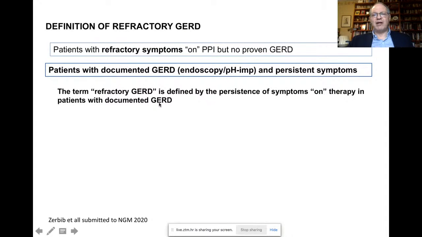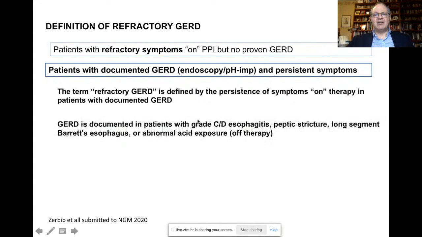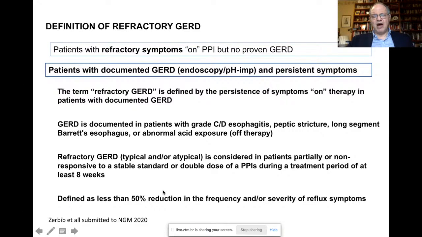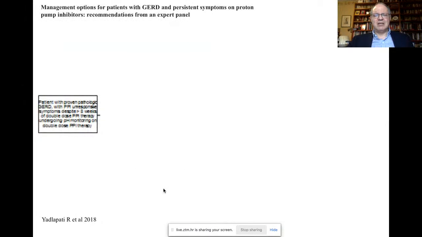So the concept of refractory GERD is related to this group, the patients that had documented GERD, such as esophagitis, peptic stricture, long segment Barrett's esophagus, or abnormal acid exposure. They need to have symptoms not responding to a standard dose or double dose of PPI for at least 8 weeks, and they need to have less than 50% reduction in the frequency or severity of the symptoms. And this is my last slide.